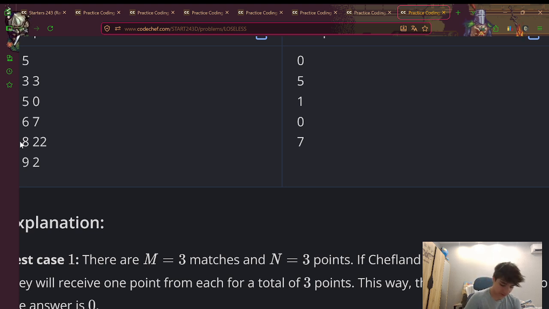What about if I do 6 and 8? I just frequently couldn't understand how this works.